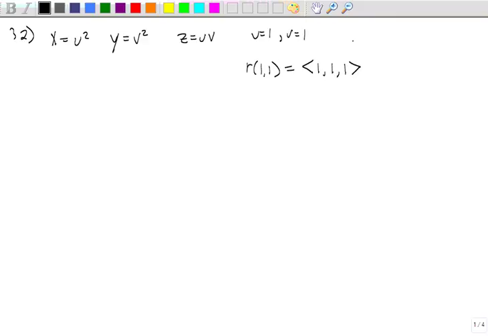Okay, let's look at 32. So the point r(1, 1) goes to the vector (1, 1, 1), which is the point in the plane. So what we're trying to do is find an equation of the tangent plane.